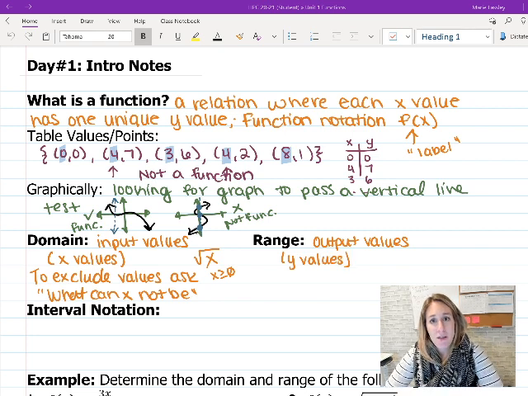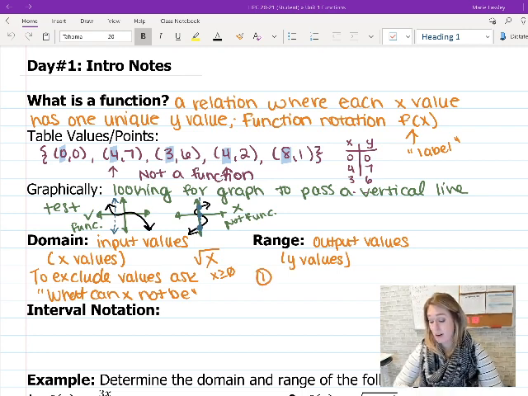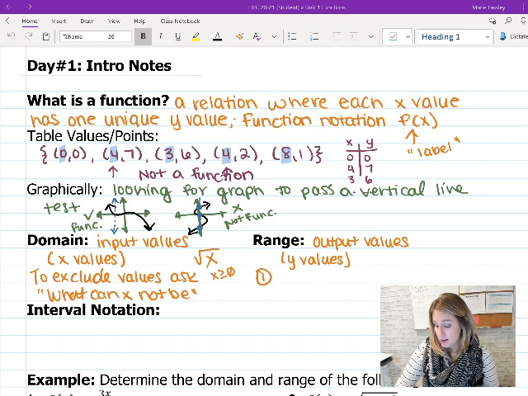Now there's two real ways to figure out what the range is going to be. The first way is probably the technique that most people are going to use. That would be to graph and look. Simple as that. So graph and you want to look for y values.